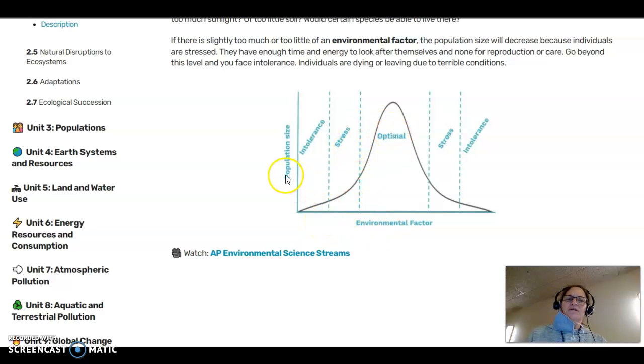Focusing on ecological tolerance helps us set up for the next units, which will cover disruptions that push us outside of ecological tolerance, as well as adaptations, those genetic traits that allow individuals to survive on these fringes while undergoing stress, while some of their counterparts do not.